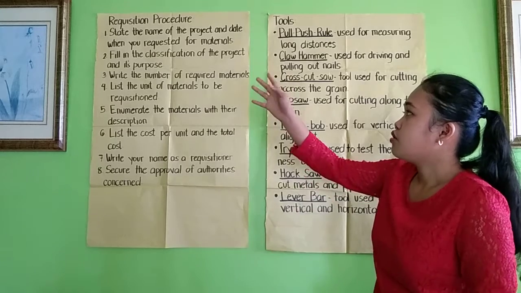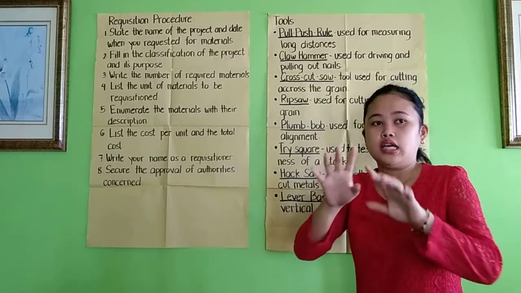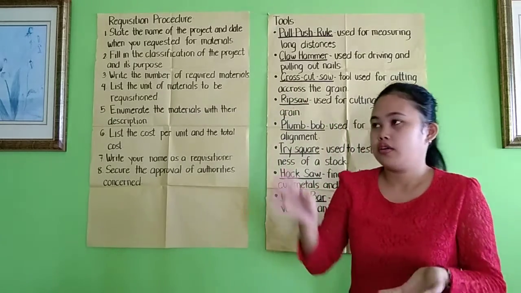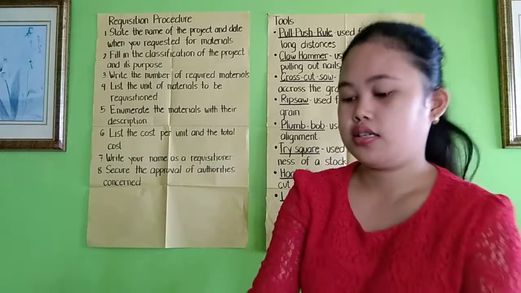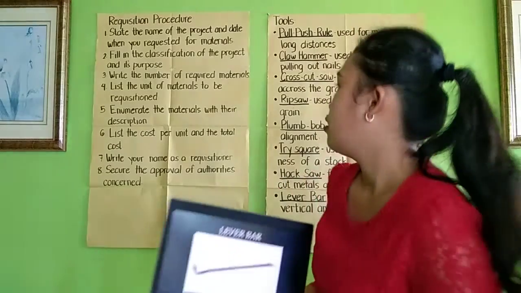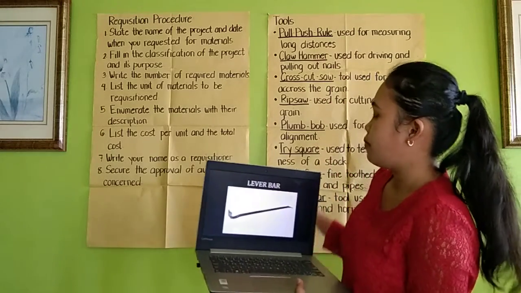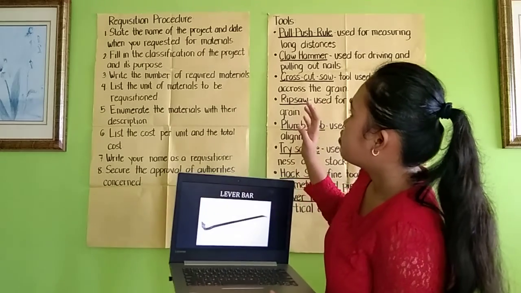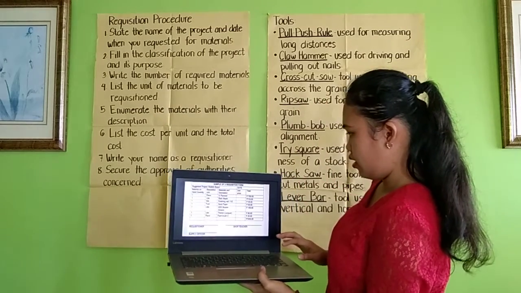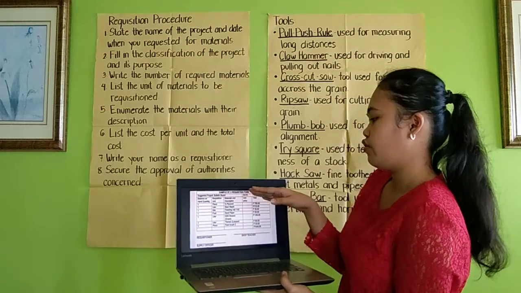So requisition procedure comes with a paper which you're going to fill in the necessary things. So a requisition list looks like this. It is, for example, a requisition form.